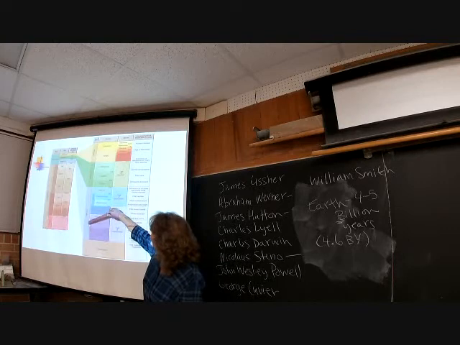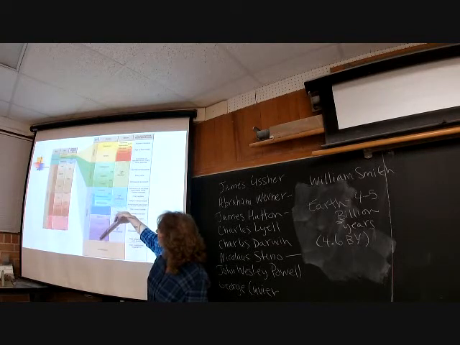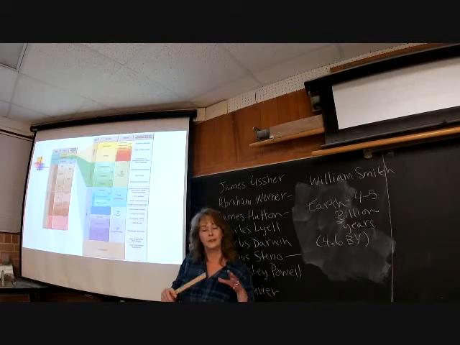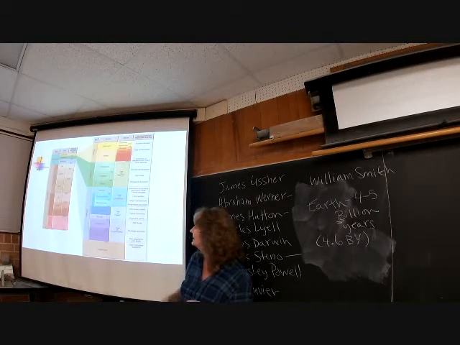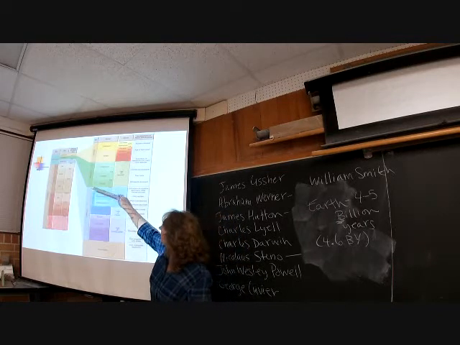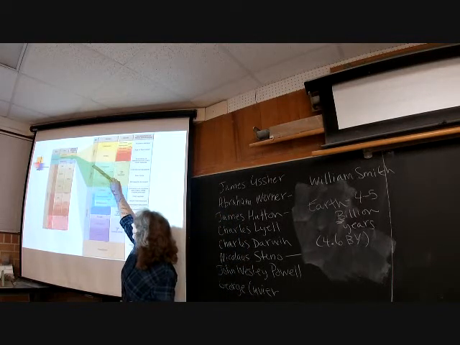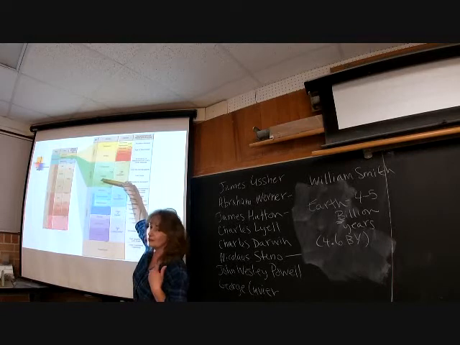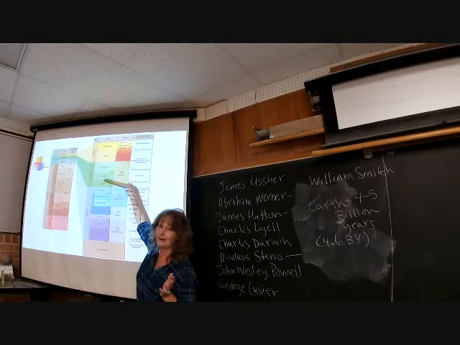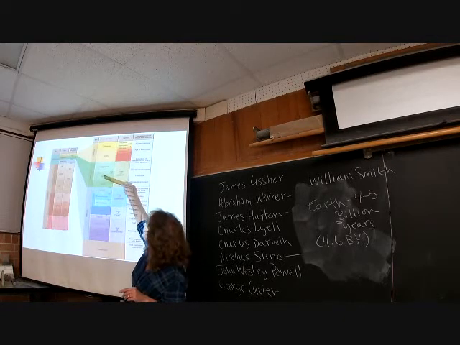This is all the Paleozoic, Cambrian through Permian. You will not have to remember all of these, but there are a few that you might want to keep in mind as we go through. We'll look at each one of those. Here's the Mesozoic: Triassic, Jurassic, Cretaceous. So Jurassic Park, dinosaurs, time in there.